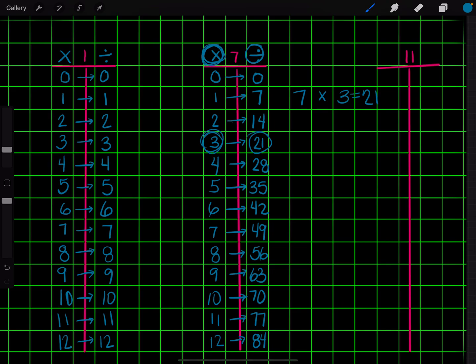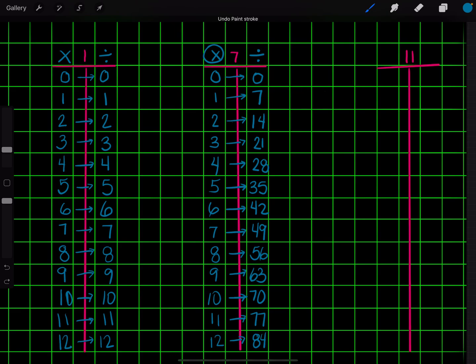But if I have 42 divided by 7 equals, then I go to this division side, go down to 42, and look over, and that would be 6. So that is the reason that we have multiplication and division on the sides. That way it helps us complete our problems.